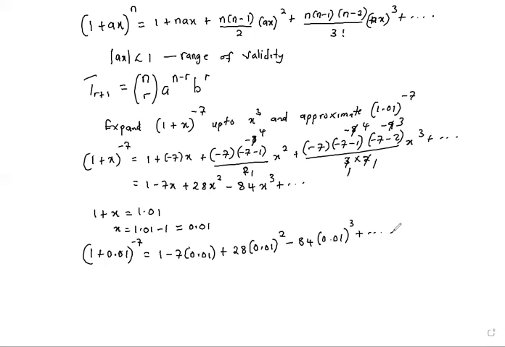Maybe they can just quickly get 1 there for easy calculation. If they ask us to say, find the range of validity, let's go back there and say, that's the value of x. You understand?